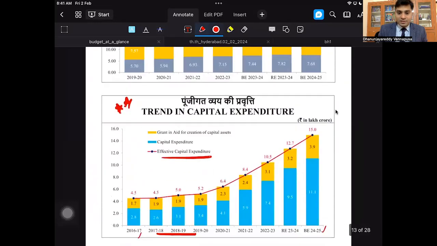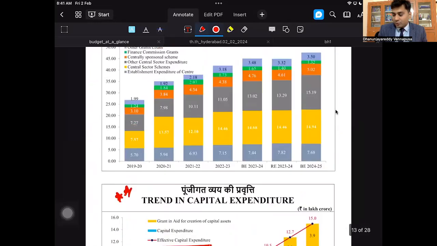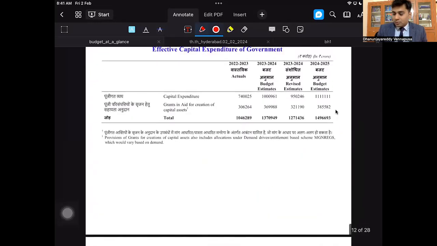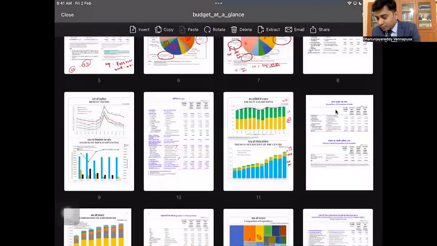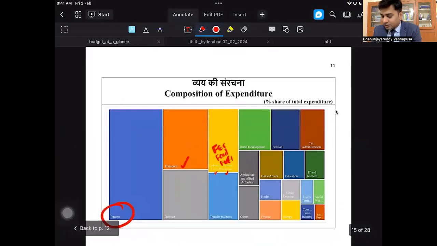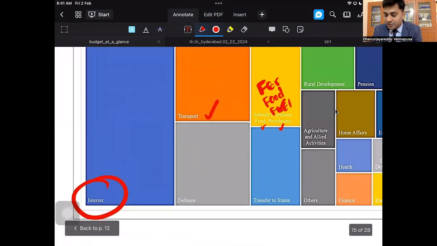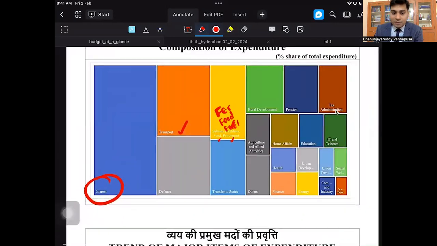And what is the expenditure that the government of India is having? Now have a look at it. You have to remember that component. The highest proportion of expenditure that the government is going to have is interest, followed by transport, followed by defense, followed by subsidies. So the larger the rectangle, the larger is the share.